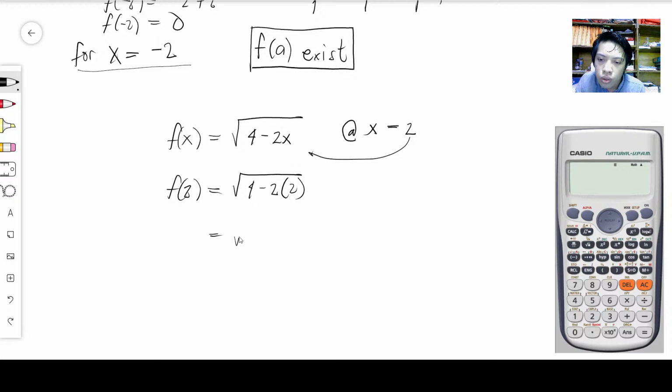So this is equal to the square root of 4 minus 4, and therefore your f of 2 is equal to the square root of 0, which is 0. So 0 is a real number. So nag-i-exist an value han f of a.